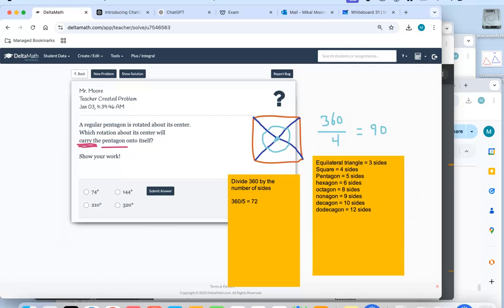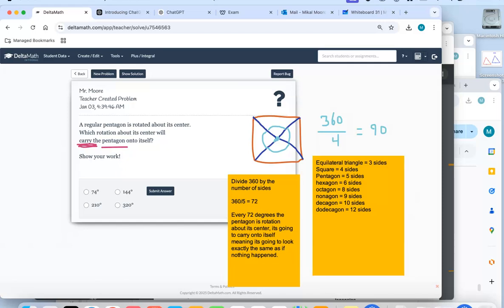And basically now at this point, you have to know every 72 degrees the pentagon is rotated about its center, it's going to carry onto itself, meaning it's going to look exactly the same as if nothing happened.